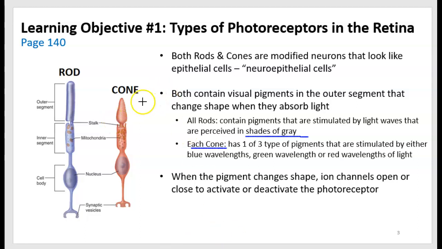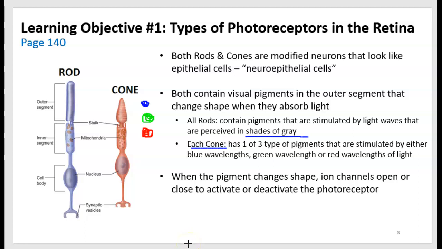So some cones will have pigments that respond to blue wavelengths of light. Other cones have pigments that respond to green wavelengths of light. And then finally, there's a type of cone that responds to red wavelengths of light, or at least we perceive them as blue, green, and red.